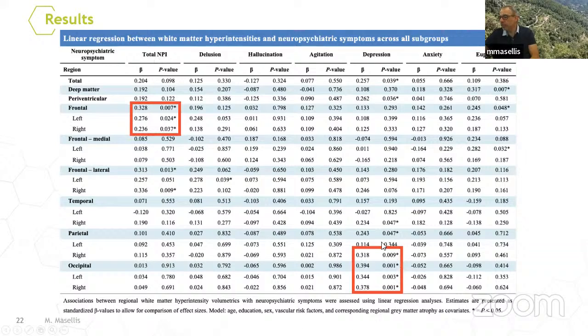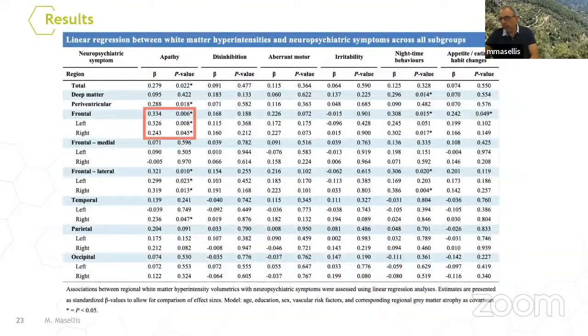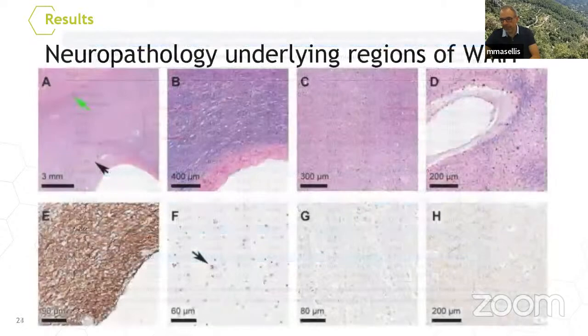And then when we looked at the depressive subscale, we found parietal and occipital white matter hyperintensities were associated with depressive symptoms. When we looked at apathy, we found frontal regions were heavily associated with apathy, and we found nighttime behaviors were also associated with frontal white matter hyperintensities.